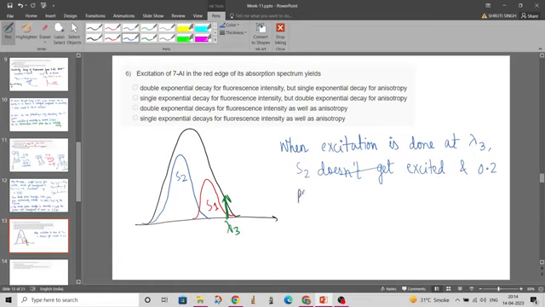And the ultrafast component of the decay, which was coming from the crossover from S2 to S1 state, should not be visible because here only S1 is getting excited. There is no S2 excitation. So there should be no vibrational relaxation.